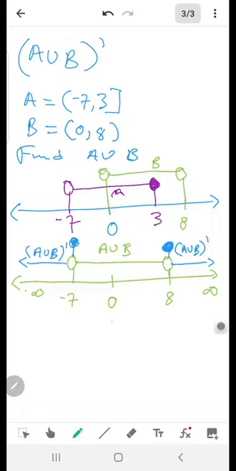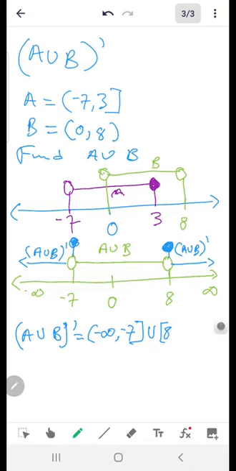The complement has to be outside, so it is equal to (-infinity, -7], which is closed at -7, union [8, infinity).